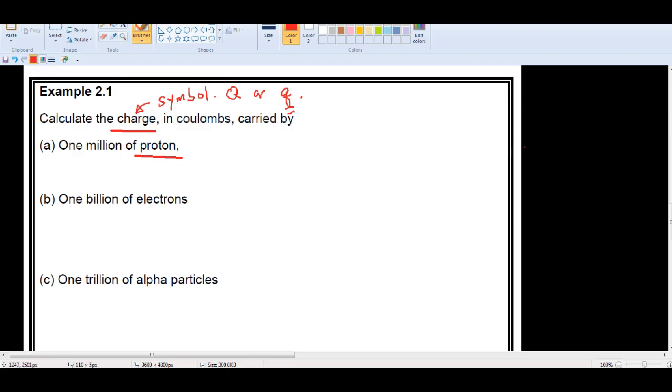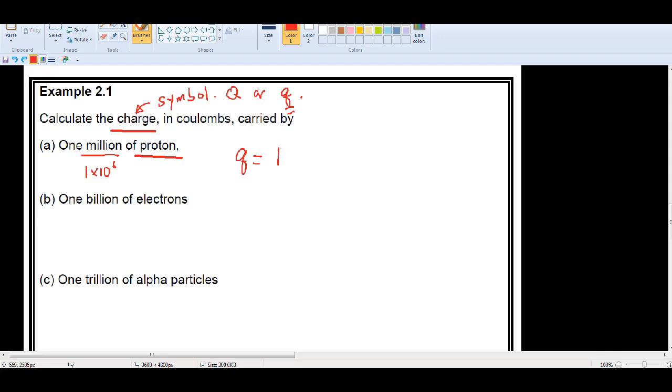Each proton carries 1 electronic charge. Million means 1 times 10 to the power 6. So the total charge here, sorry about this, I possibly should write the symbol first.